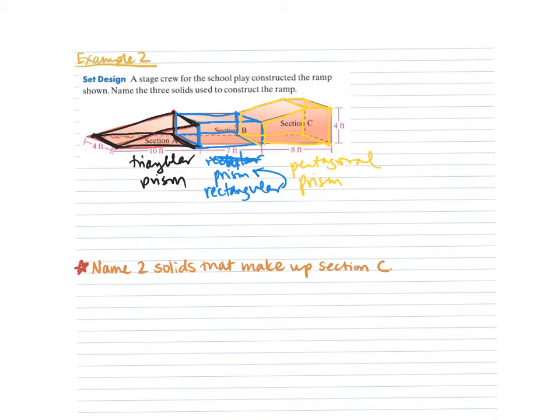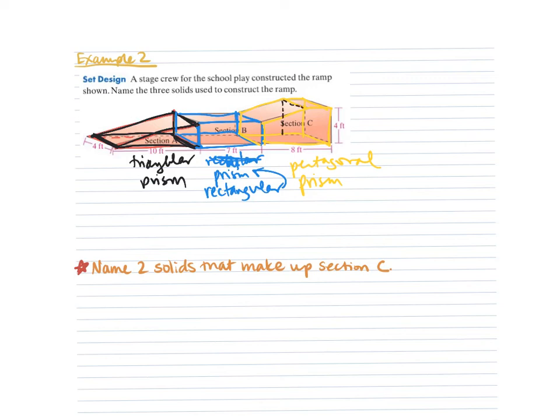The red star asks you to name 2 solids that make up section C. So think about this just for a minute. Can you cut that pentagonal prism into 2 solids? And what are the 2 solids that it creates? So think about that. And then let's just go over it.